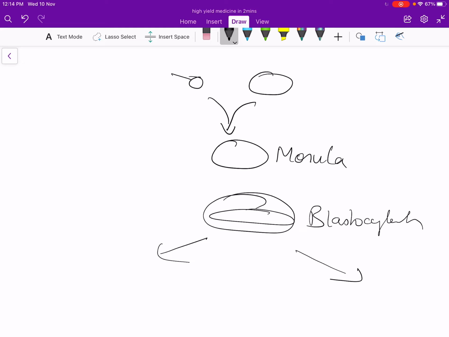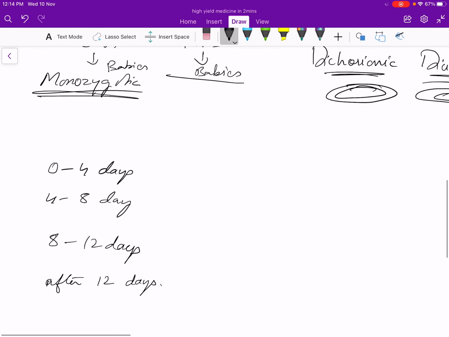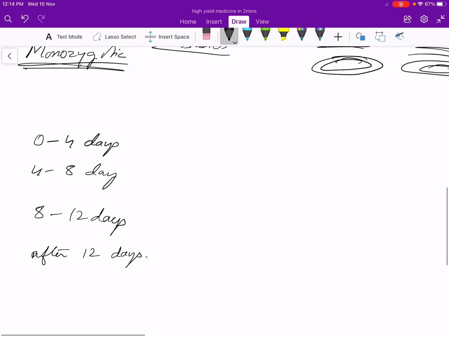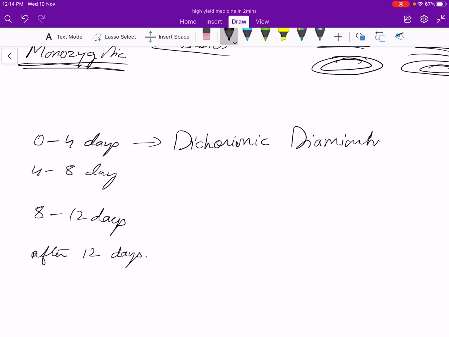Suppose the division occurs in the first 4 days after fertilization. It will give rise to a dichorionic pregnancy, which means both babies get their own chorion, and since they get their own chorion, they get their own amnion. So the first 4 days gives you a diamnionic pregnancy.